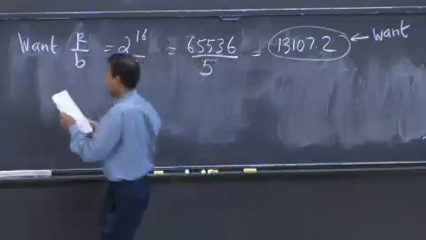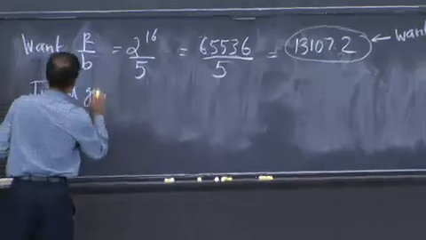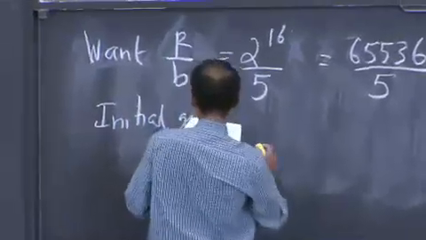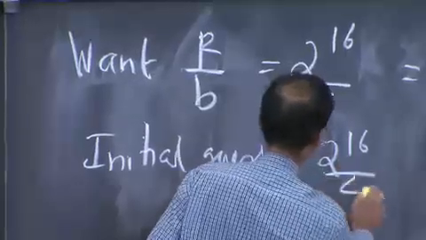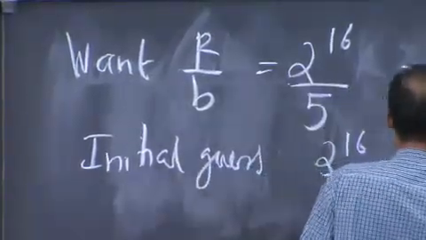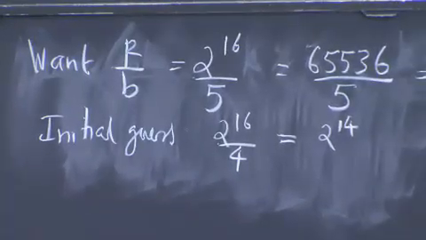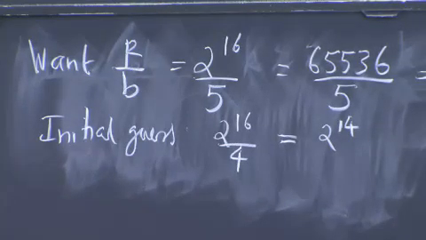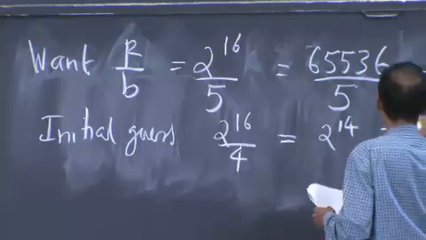And our initial guess: let's say we try 2 raised to 16 divided by 4, because we know how to divide by a power of 2, and so that's 2 raised to 14, and that's our initial guess. Think of that as x0.